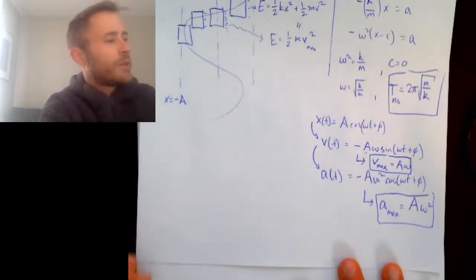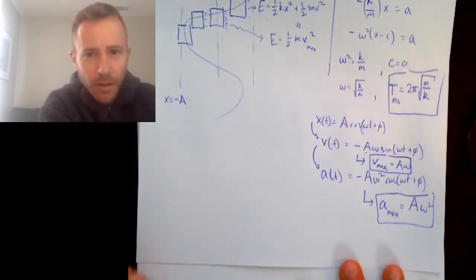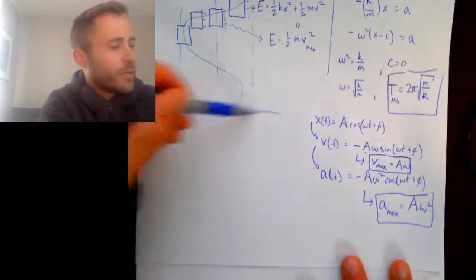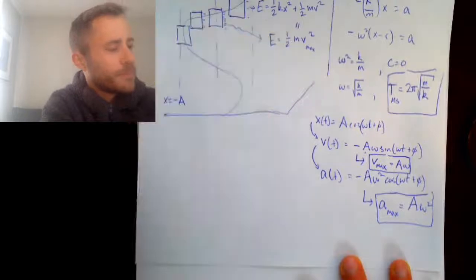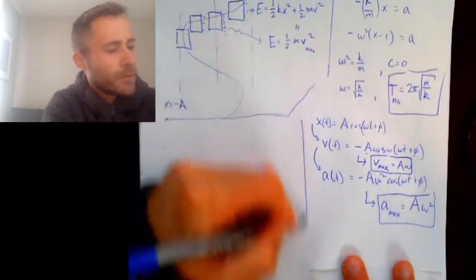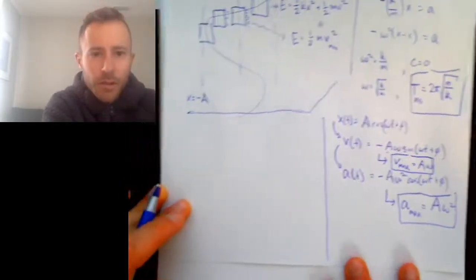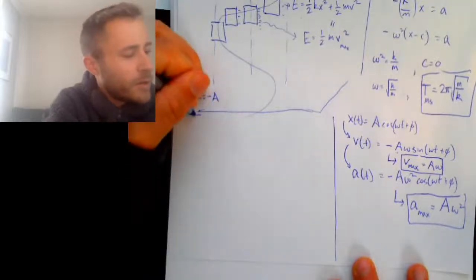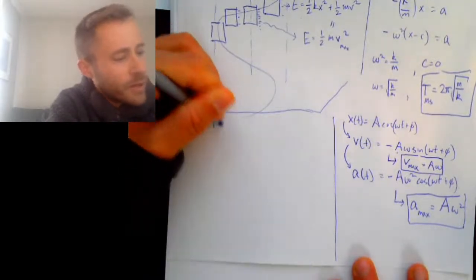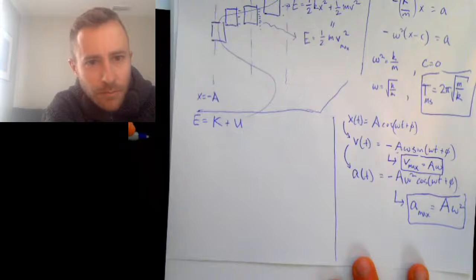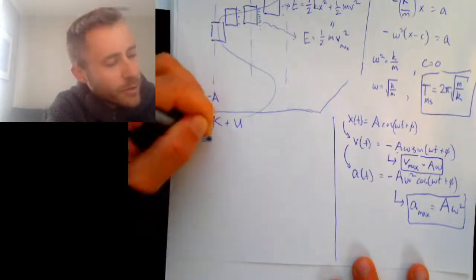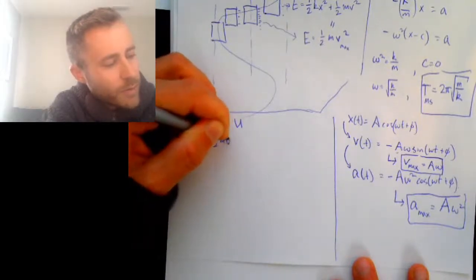So now I would like to prove that the energy is conserved for simple harmonic motion of the mass spring system. So how are we going to do that? Well, energy is kinetic plus potential. The kinetic energy is 1/2 mv squared.